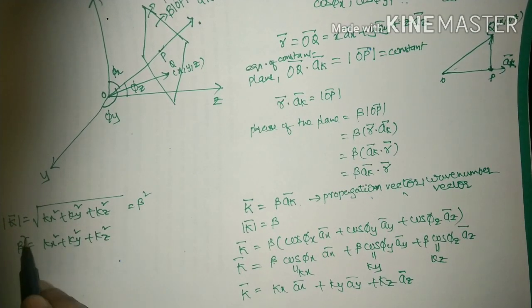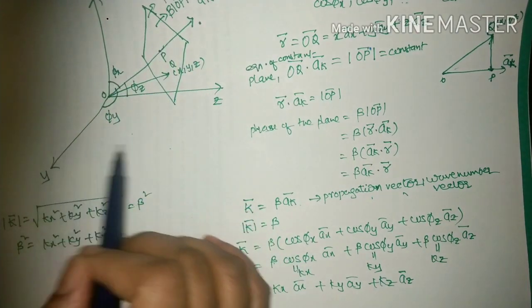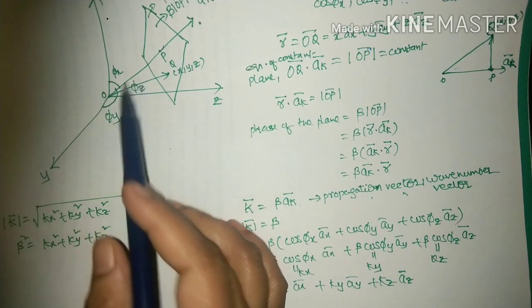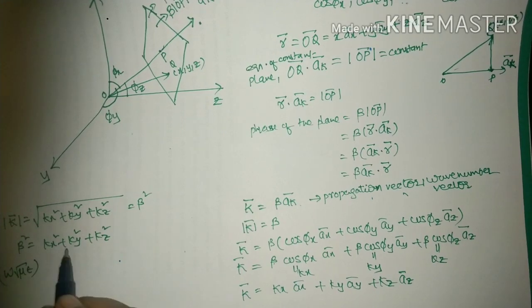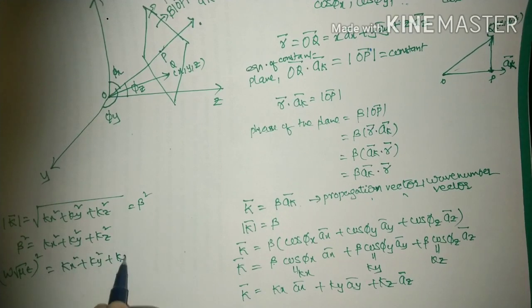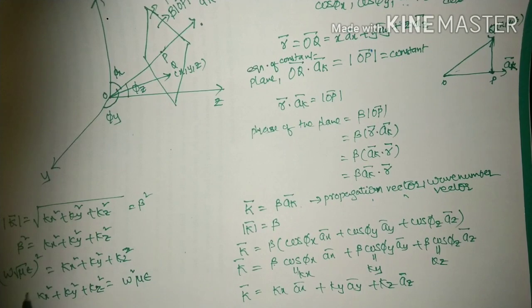Beta is the phase constant. Since we have assumed the wave is propagating in a lossless medium, beta is given by omega root mu epsilon. So beta square, omega root mu epsilon whole square, is equal to kx square plus ky square plus kz square. Or you can write kx square plus ky square plus kz square is equal to omega square mu epsilon.